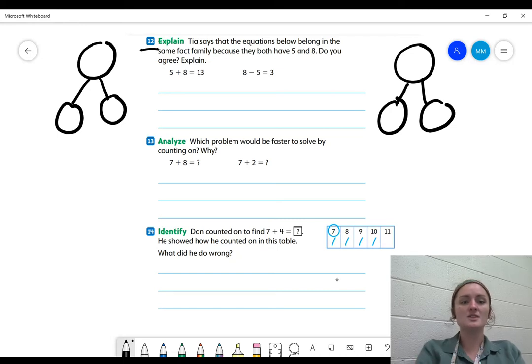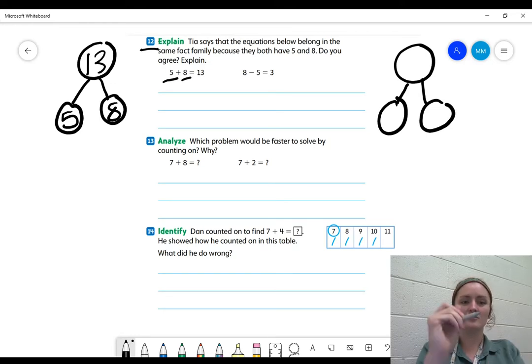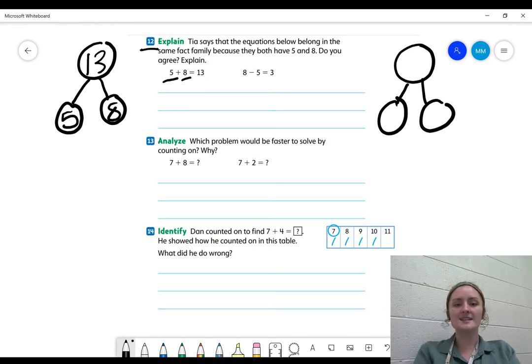So I'm going to start with this first number sentence. What are my two parts in 5 plus 8 equals 13? 5 and 8, right? Because these are the two parts that I'm adding. So my two parts go down here. Two parts make a whole. What is my whole? 13.